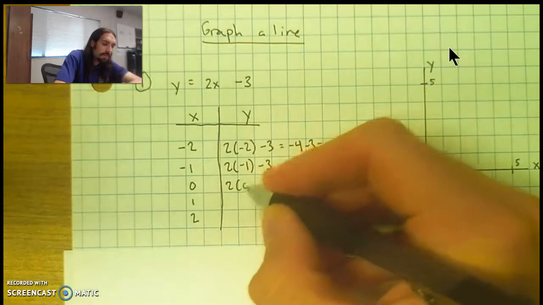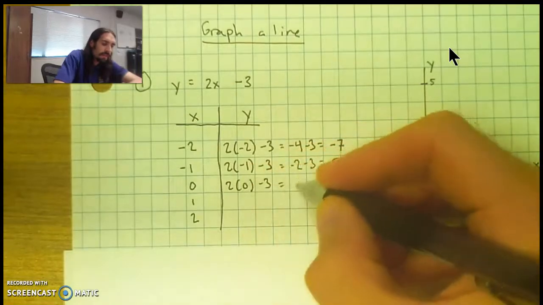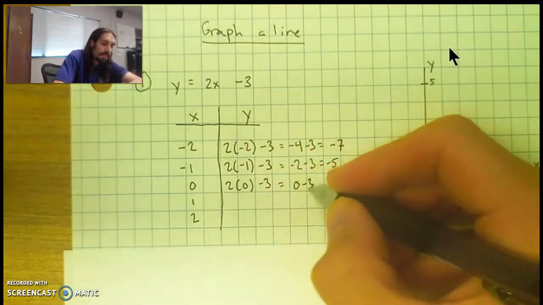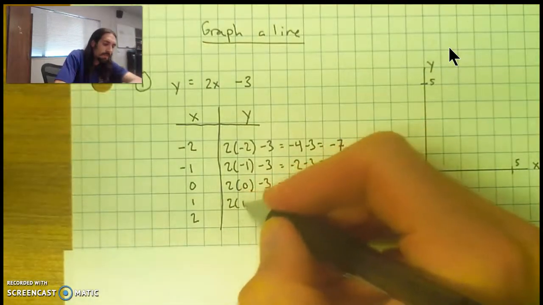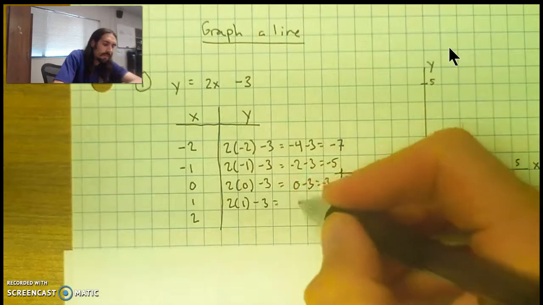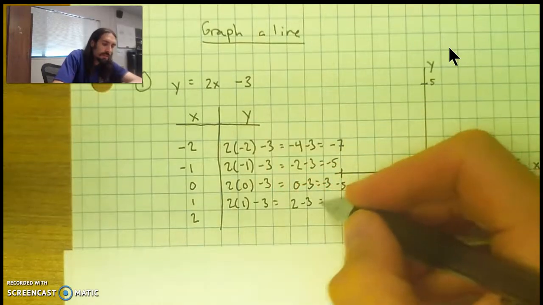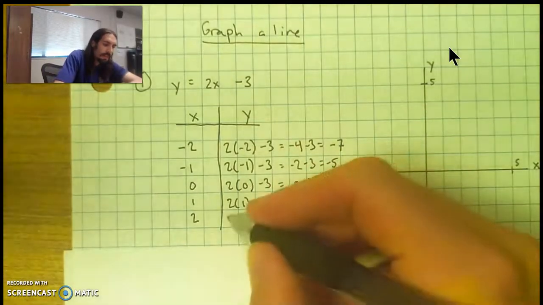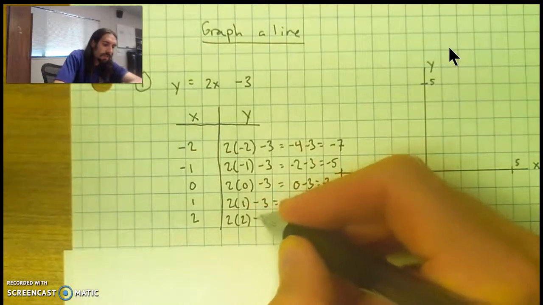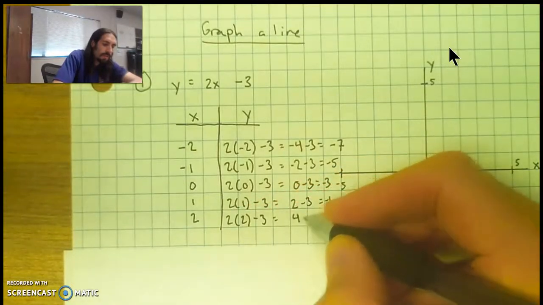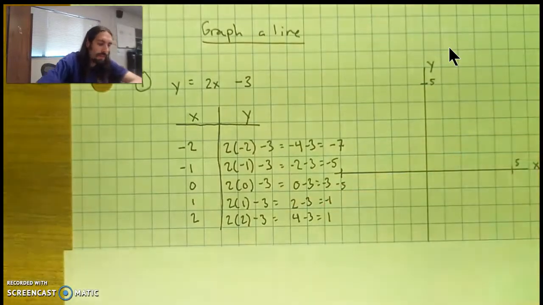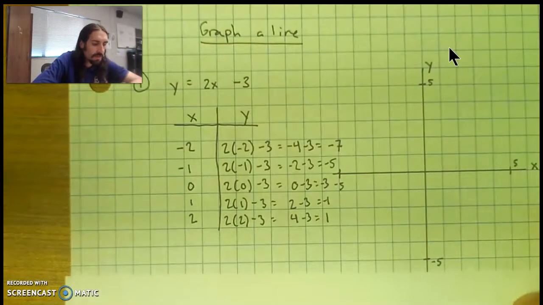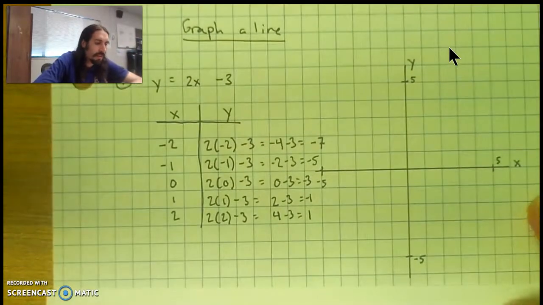Plug in 0, and you'll get 0 minus 3 equals negative 3. Plug in 1. We get 2 minus 3, which is negative 1. And then plug in 2. Equals 1. And so all I have to do is take those ordered pairs and plug them into my graph.